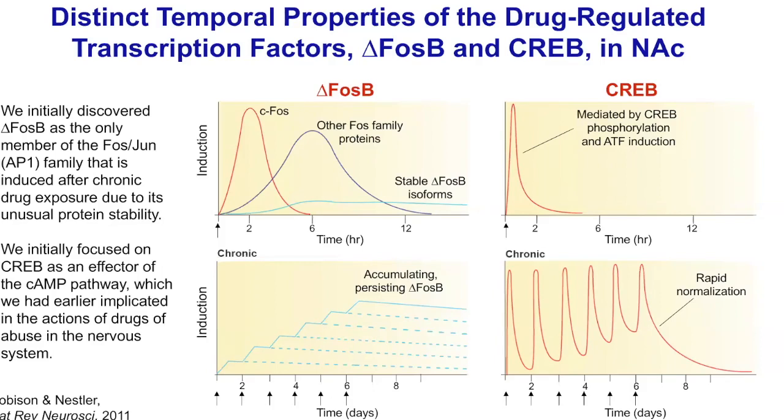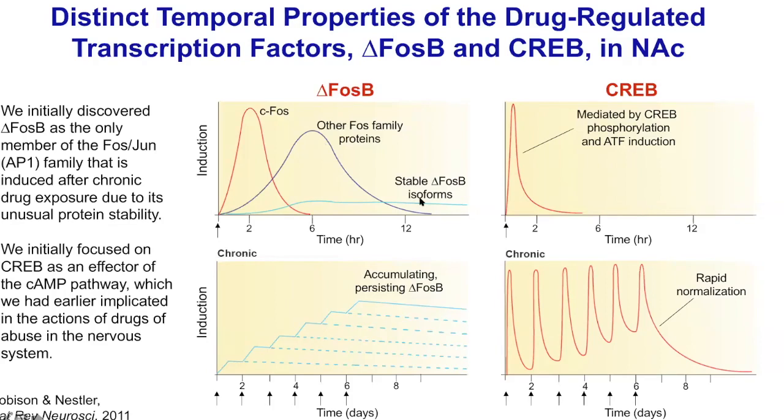And that time course is depicted in this cartoon, where all other Fos family mRNAs and proteins are induced rapidly but transiently because the mRNAs and proteins are unstable. We found deltaFosB as a minor constituent of an acute Fos response in response to a single dose of drug.